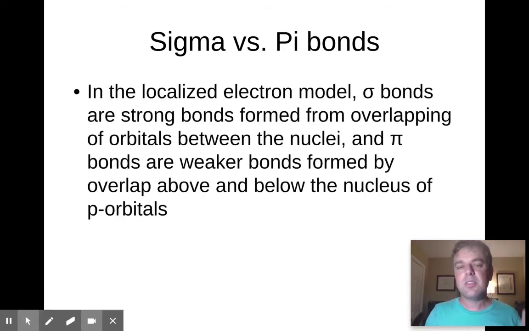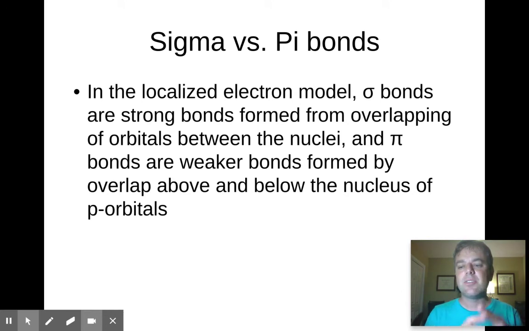So in the localized electron model, which is what we deal with when we're drawing Lewis structures, sigma bonds are the strong bonds formed from overlapping of orbitals directly between the nuclei. So sigma bonds are essentially formed directly in line with the axis of the nuclei.